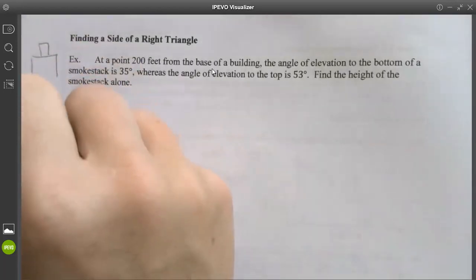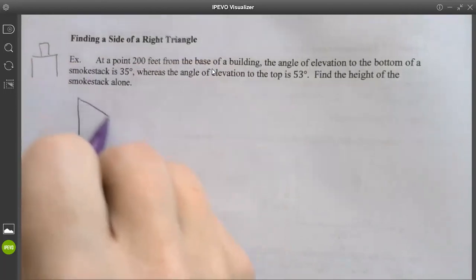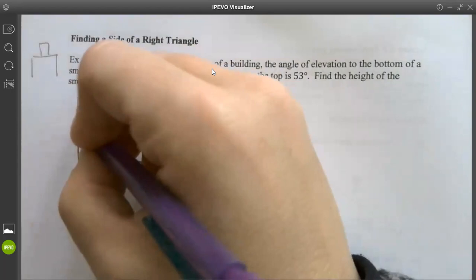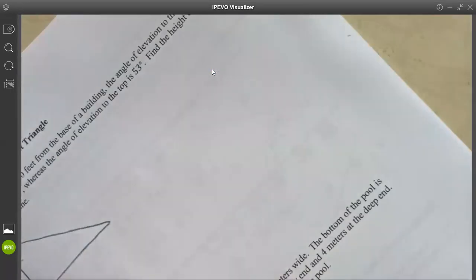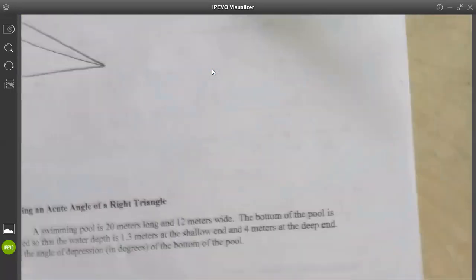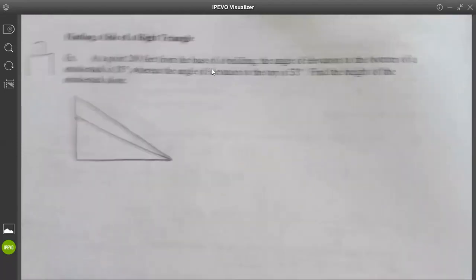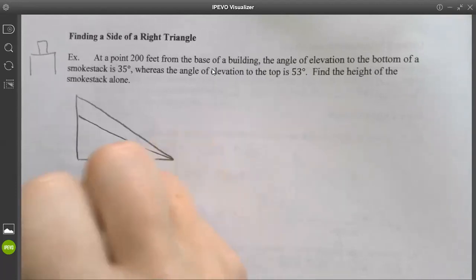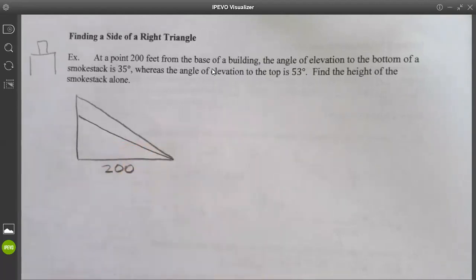So what's going to happen is you're going to have two right triangles, a bigger one and a smaller one. Right. So it says at a point 200 feet from the base of the building, base 200.